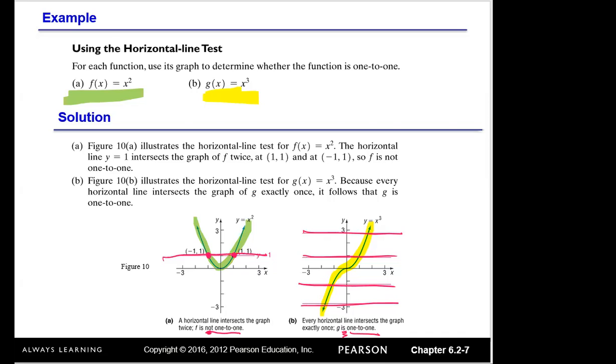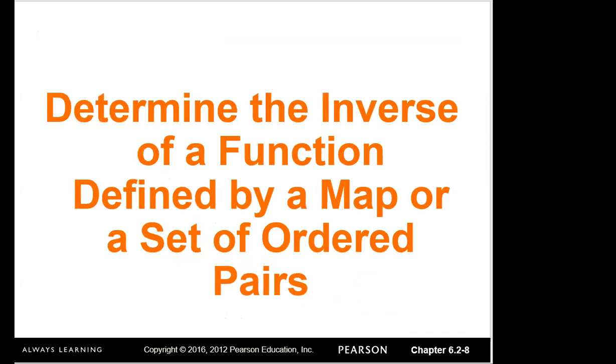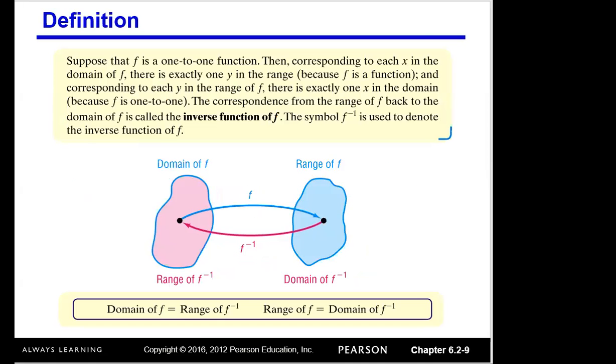Now we're going to talk about inverses. We're going to determine the inverse of a function defined by a map or a set of ordered pairs. Suppose that you've got a function that's 1 to 1. Then, corresponding to each x in the domain, there is exactly 1 y in the range.